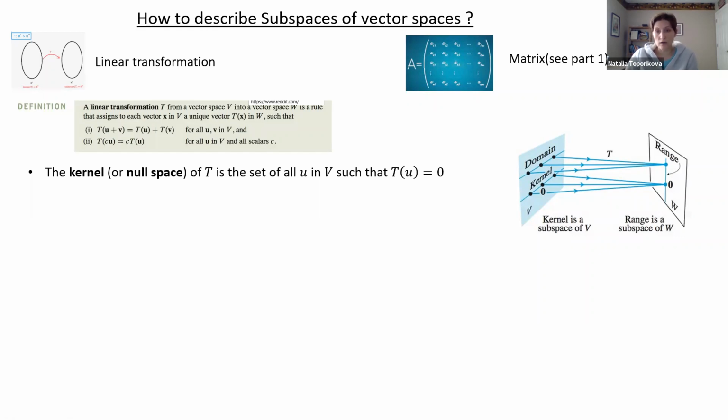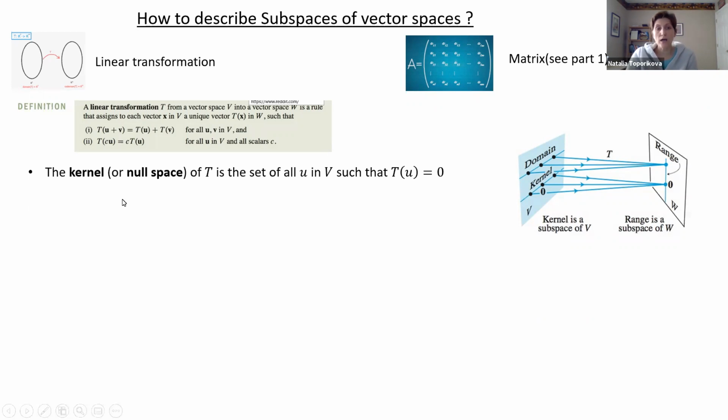And we actually need to define the null space using the transformation, because we discovered the null space has very important properties and it's useful in a lot of applications. So basically all machine learning algorithms use the kernel. Without knowing the kernel of your transformation, you pretty much cannot do anything.